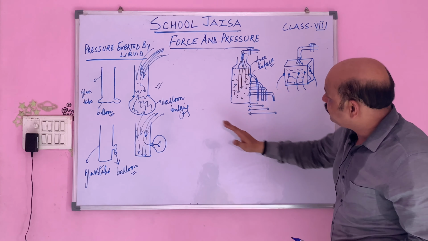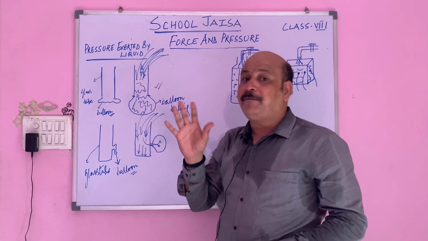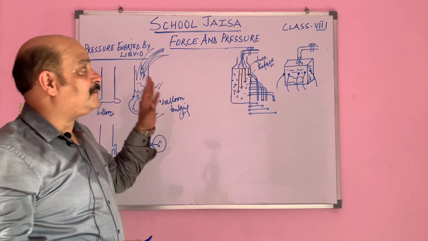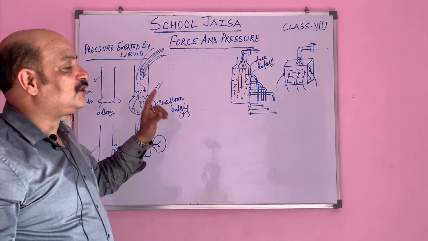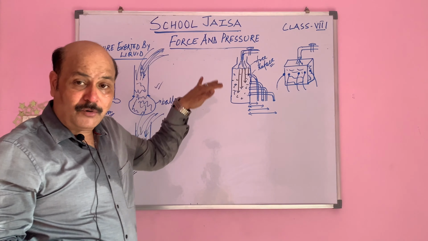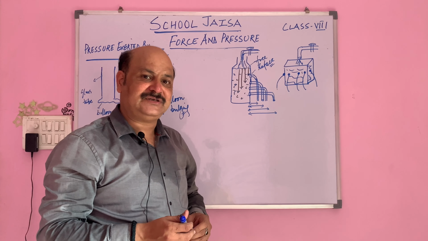So here we conclude that as the height increases, pressure also increases. That is, the pressure exerted by the liquid depends on the height of the liquid portion. That means the more the height from the surface, the more will be the pressure.